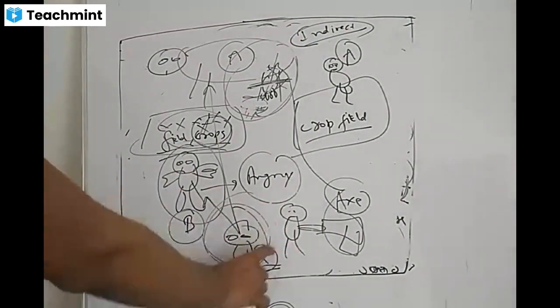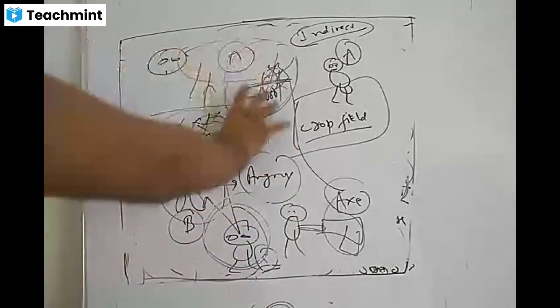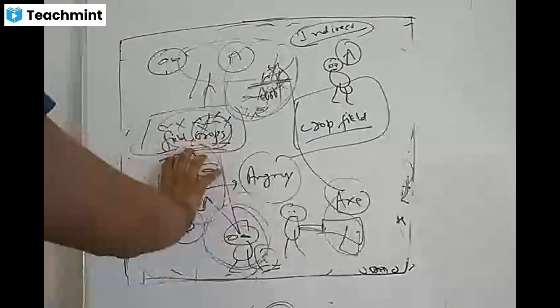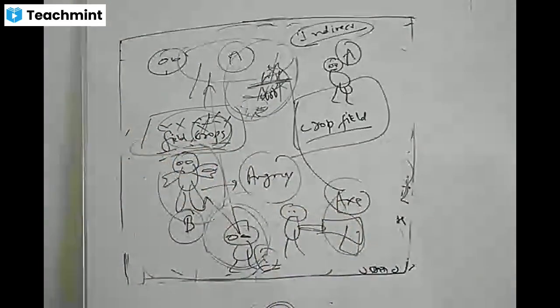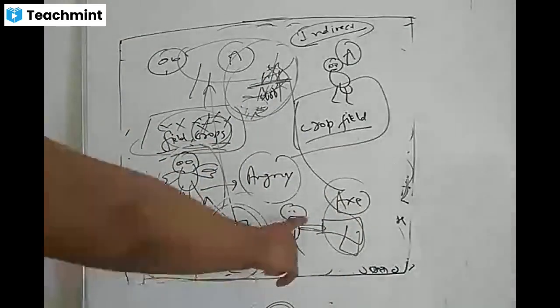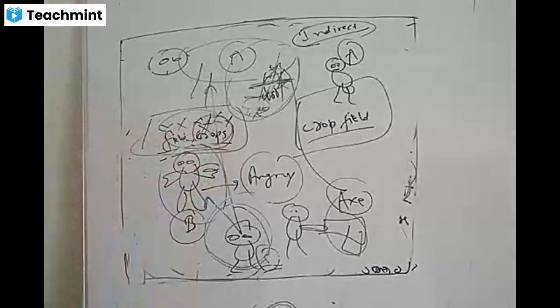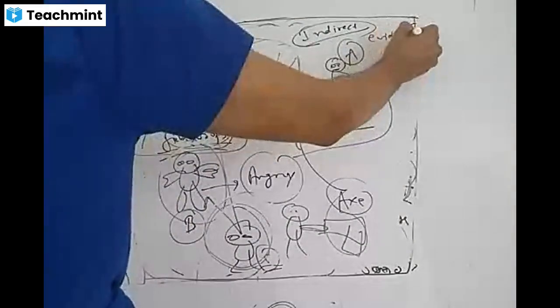So he is called to the court, and he will say in front of the court that he actually didn't see the incident, but yesterday he saw that person B was in anger, carrying an axe and looking for the cattle which damaged his crop. So this is your indirect evidence.